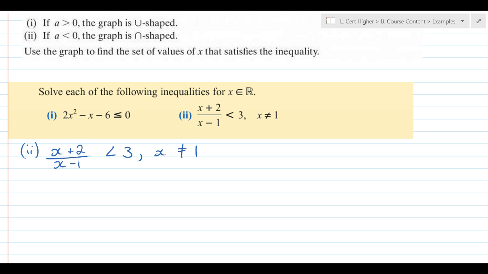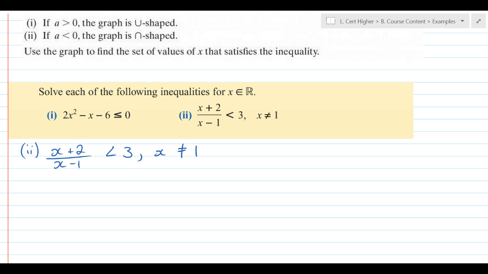So to get around this, we multiply by a number that we know cannot be negative. What could I do to x minus 1 to ensure that it cannot be negative? Square it. I'm going to multiply across by x minus 1 squared, because can any square number ever be negative? No. So that's how we get around this problem.